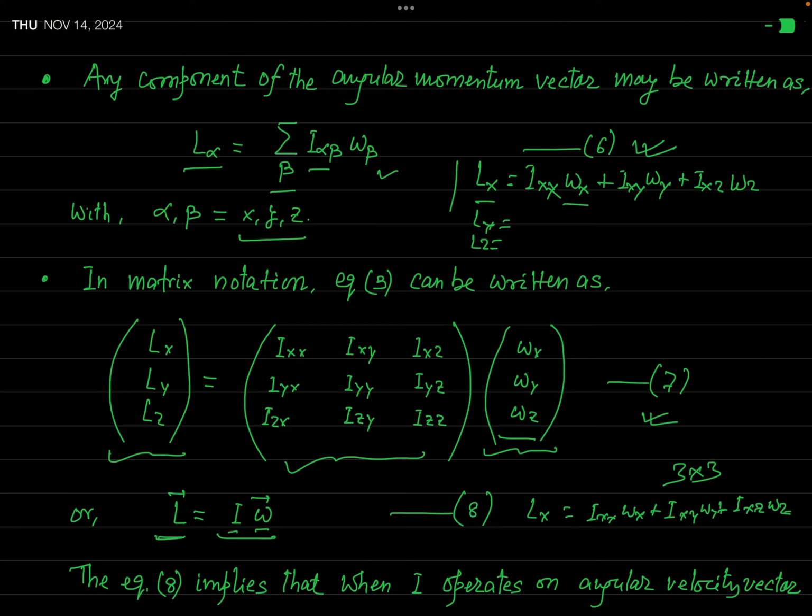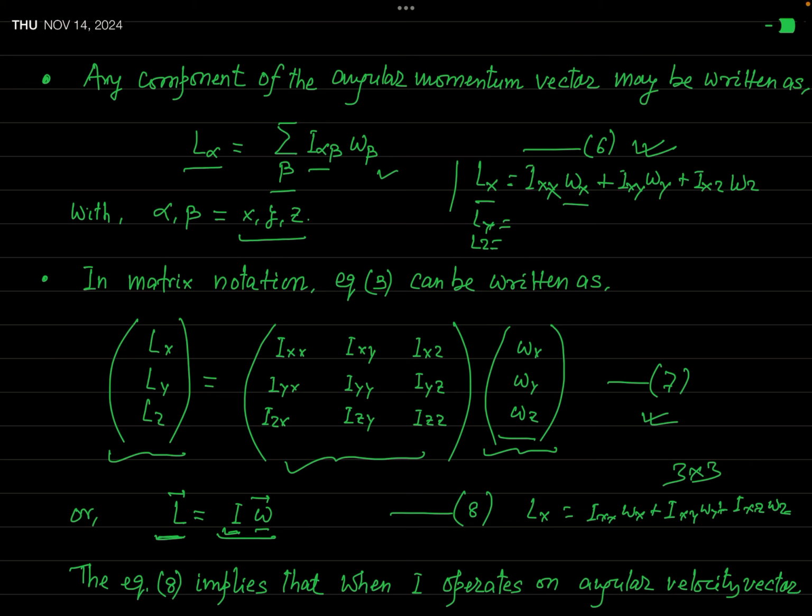And what is this I? I is a transformation matrix, or you can say a physical entity that, when operated on the angular velocity vector, gives us a physical quantity of a different nature.